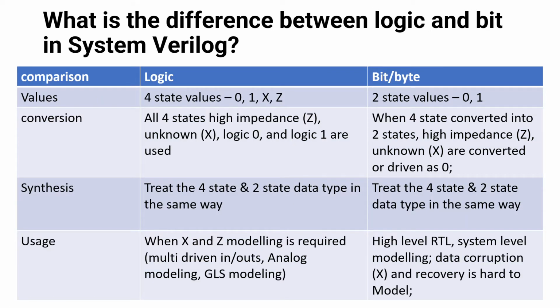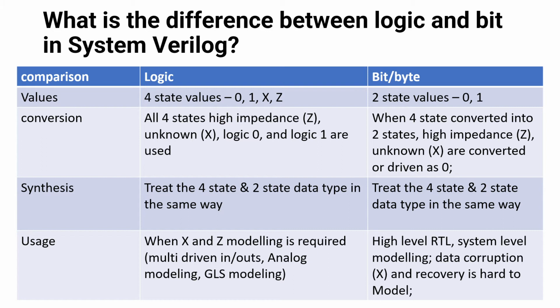So in this slide we are going to see logic and bit. What is the difference between these two? This is a very common question. Logic is a 4-state variable: logic 0, 1, unknown value x and the high impedance z. Bit and byte are both 2-state values, 0 and 1.